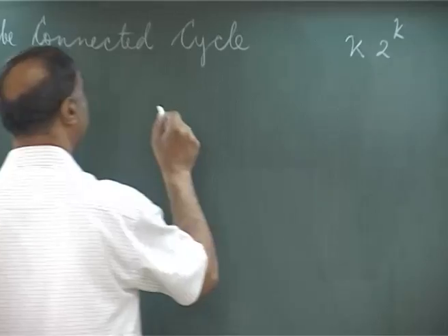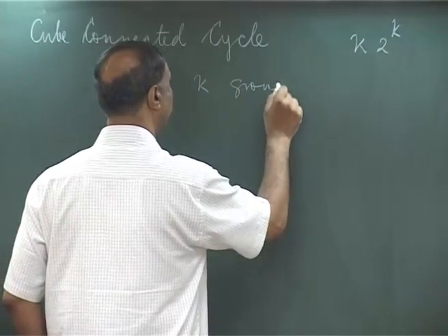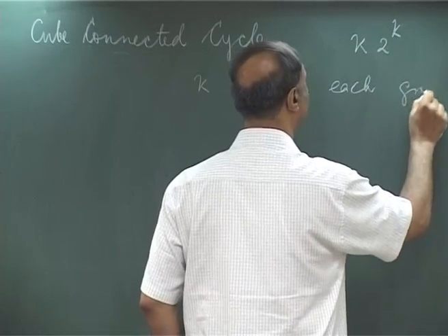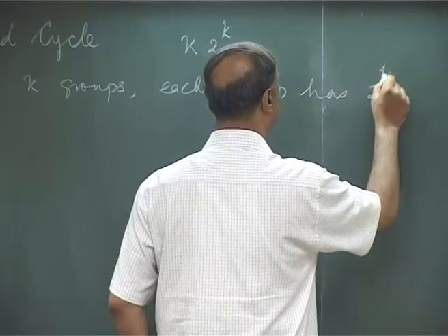These processors are divided into k groups. Each group has 2 to the power k processors.